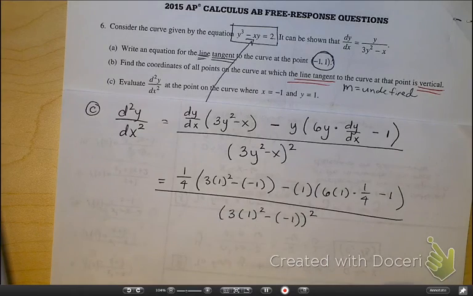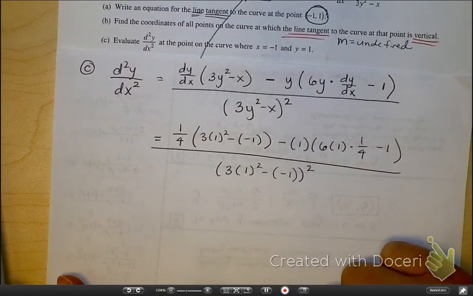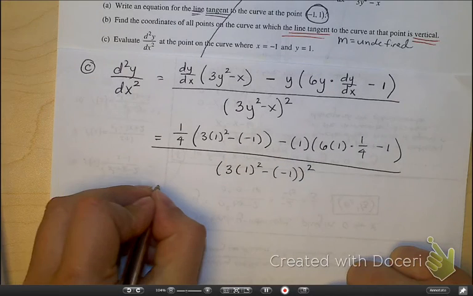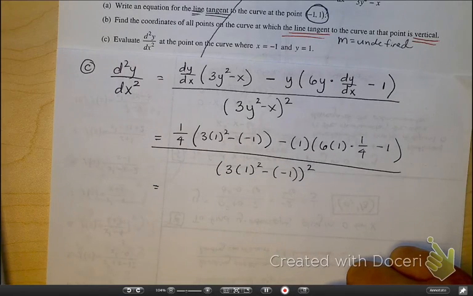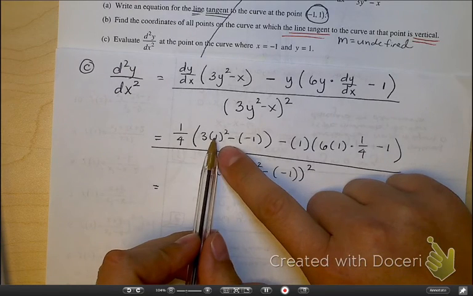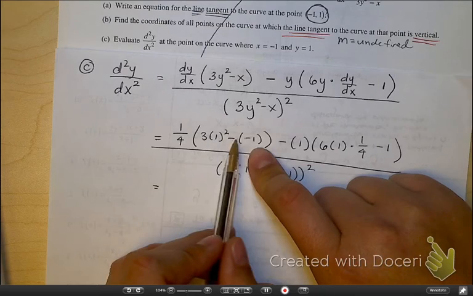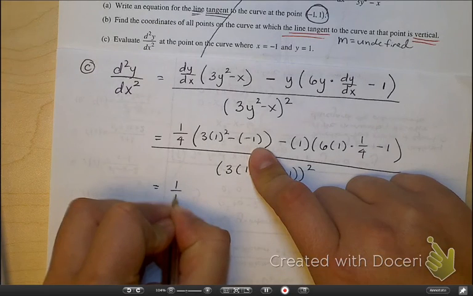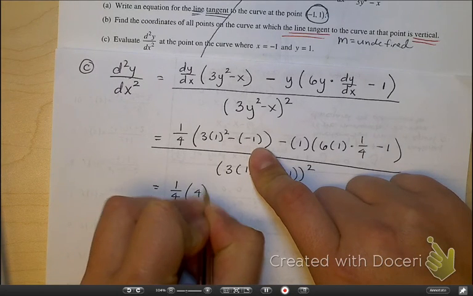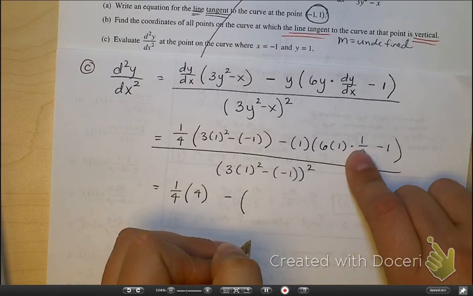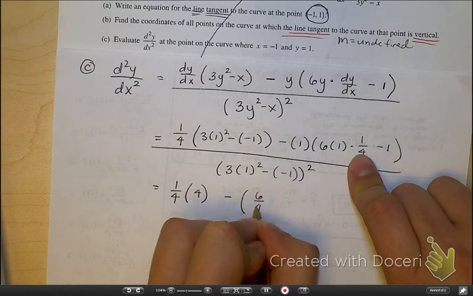Be careful, alright? I could easily see people making mistakes with this and not doing minus a -1 correctly, or not putting parentheses in the correct place. So make sure you're very careful about that. So here we have 3 times 1 squared, so that's 3 minus -1, so that's 3 plus 1. So we have 1/4 times 3 plus 1, that's 4, minus, over here we have 6 times 1/4, that's 6/4 minus 1.